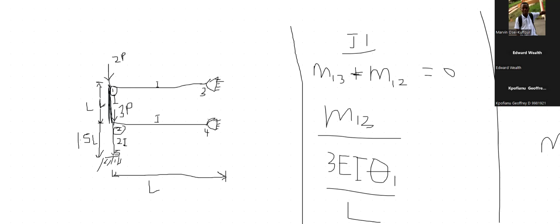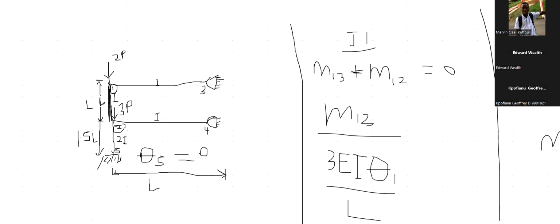So it's going to be R and RC, just that the theta 5 is going to be 0. Very good.